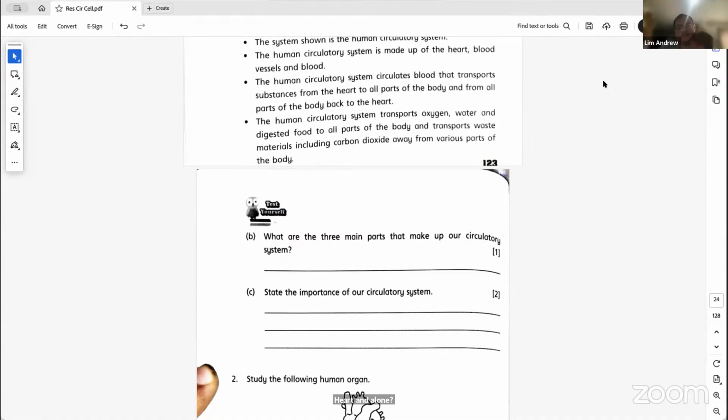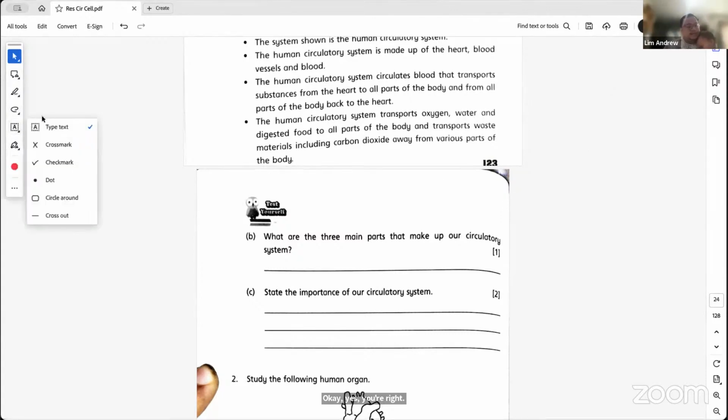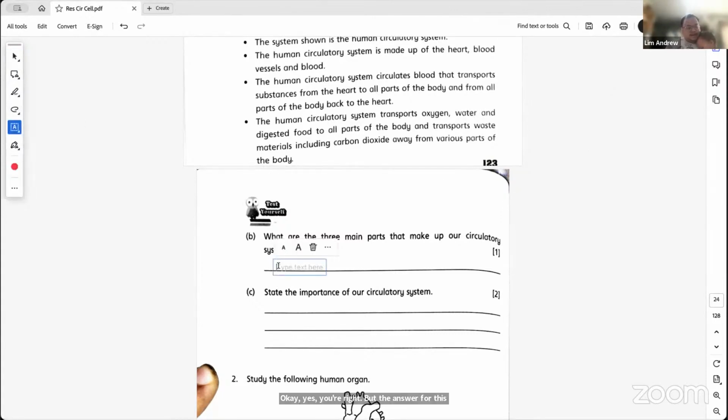Okay, yes, you're right. The answer for this question is heart, blood vessels, and blood. Did I hear you say lungs? Lungs is wrong, lungs don't belong to this system. Lungs belong to the respiratory system, all right?